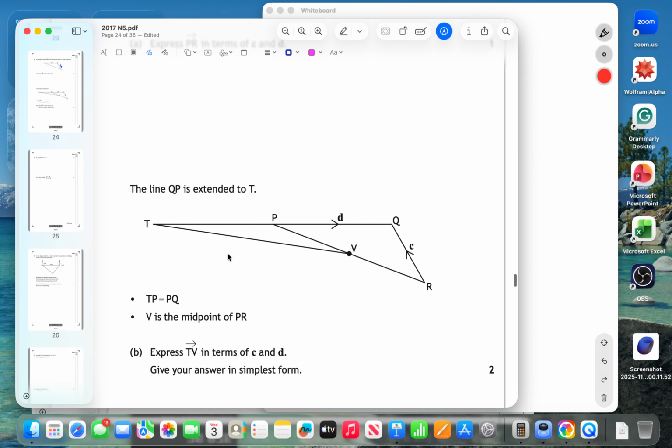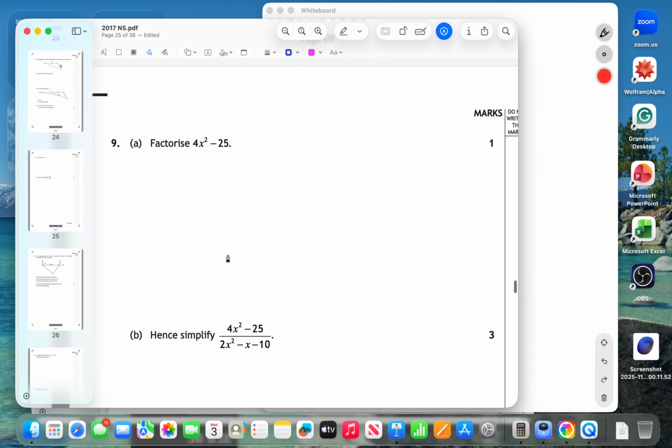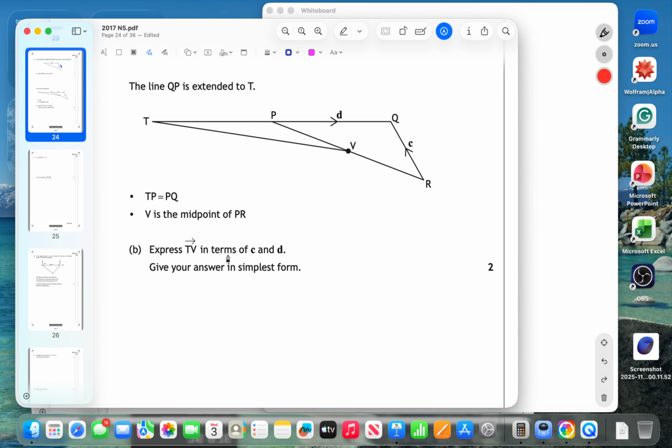Now the second part is 2 marks. It's a lot more complicated. We have to express TV in terms of C and D. We have some information on this one. That TP equals PQ and V is the midpoint of PR.